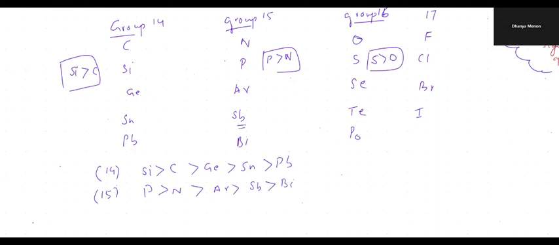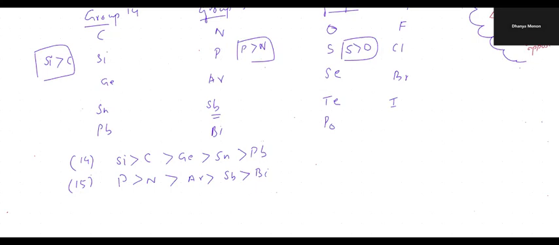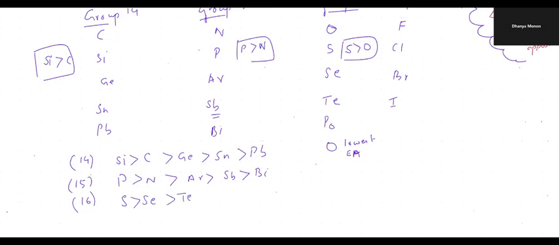Then the discrepancy that I was talking about is that oxygen has the lowest electron affinity. So I write group 16 as sulfur greater than selenium, tellurium, polonium I'm not including because it is radioactive.